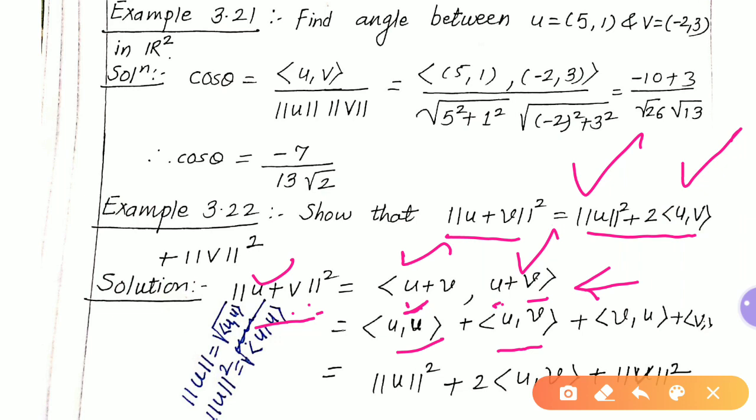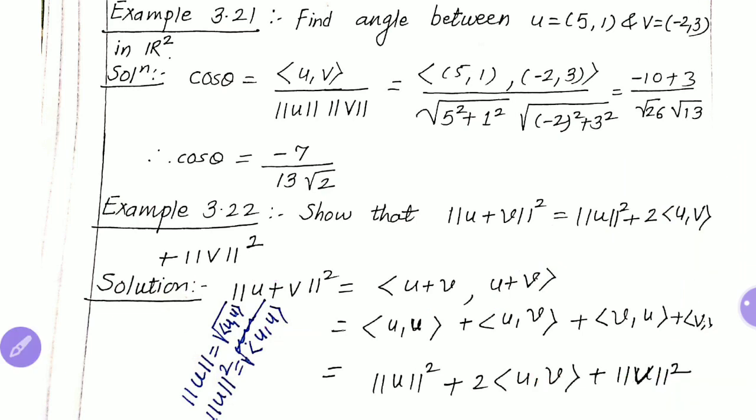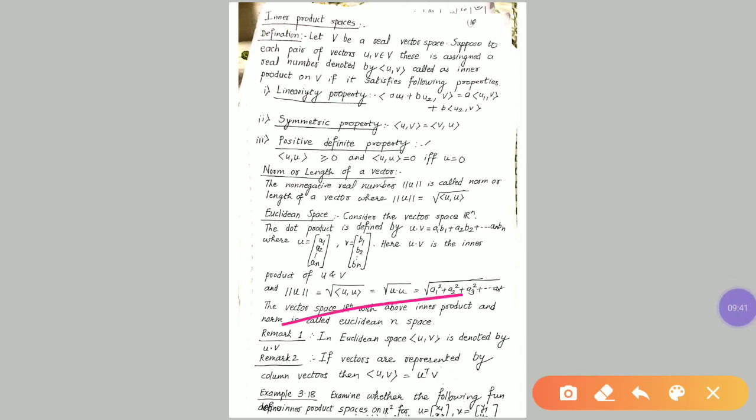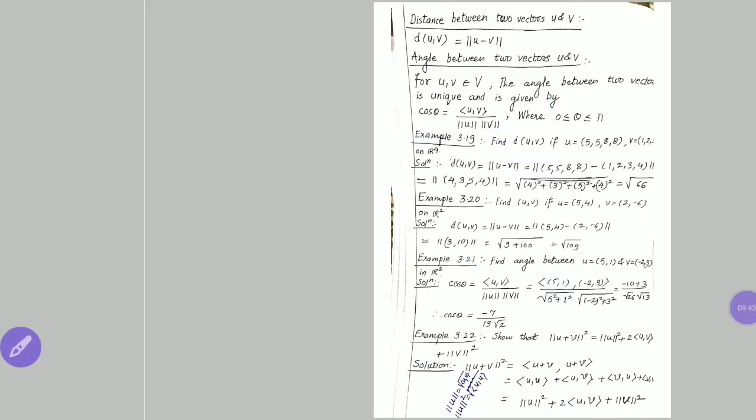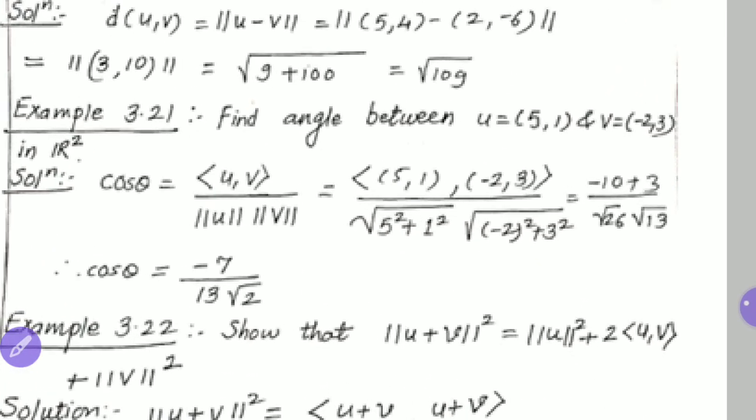So u is multiplied with u and then with v, and in between a plus sign. Now we'll multiply v with the two remaining vectors, so it will be v comma u and v comma v.